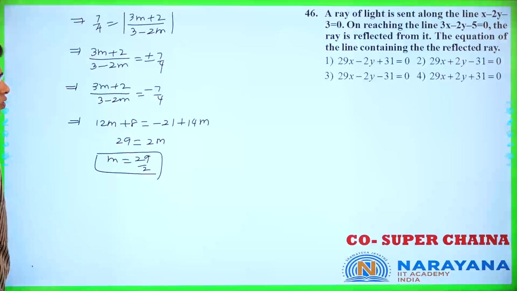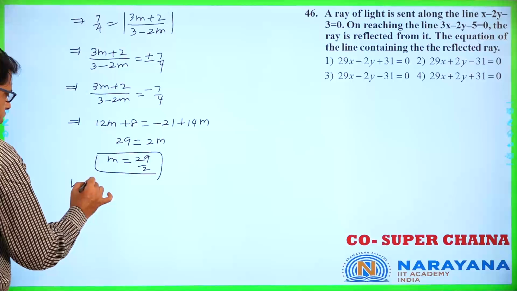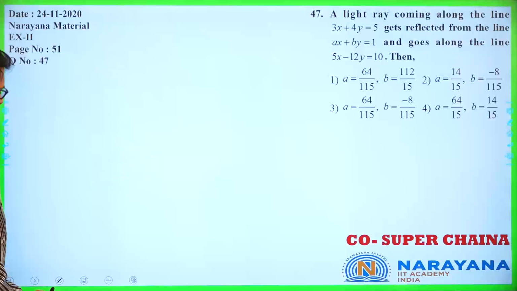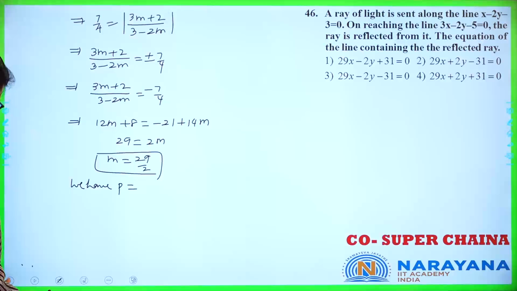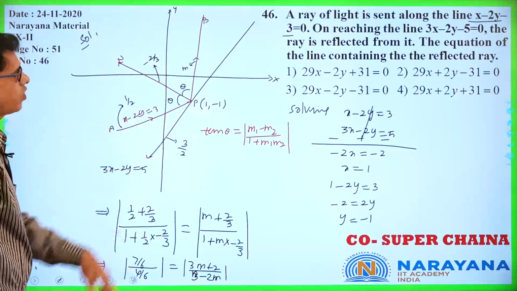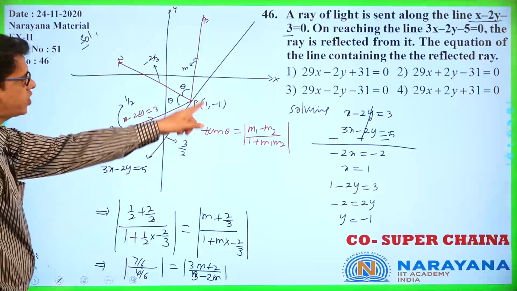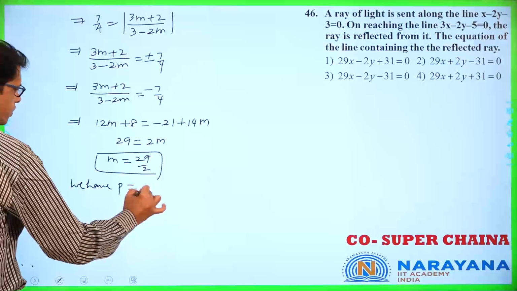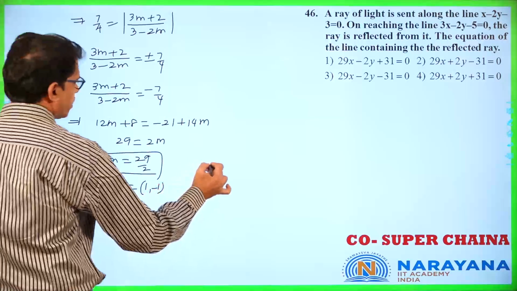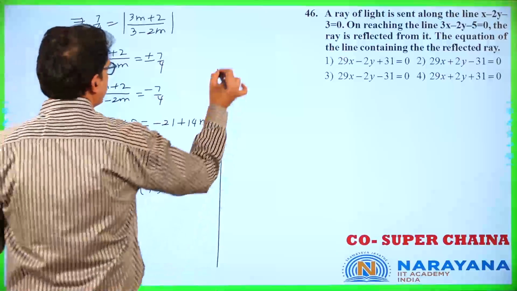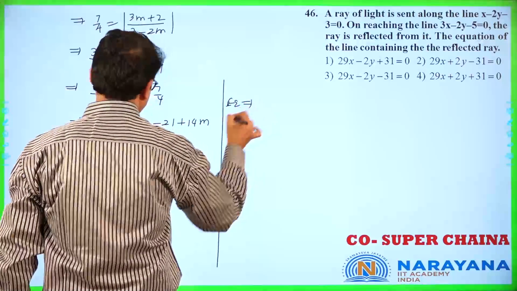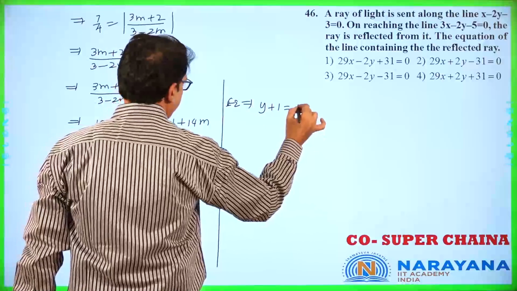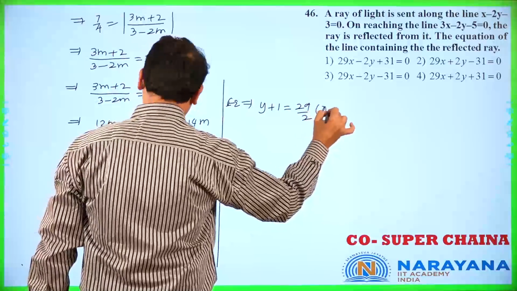Here we know the m value and we have the point P, which is (1, minus 1). We know the point and we know the slope. Therefore, the equation is y minus y1 equals m into x minus x1.